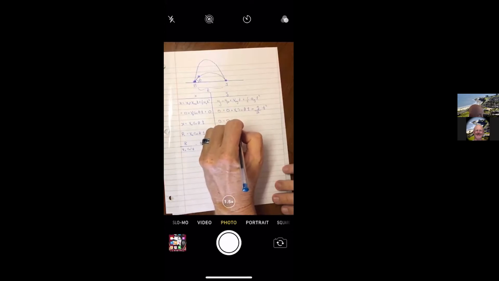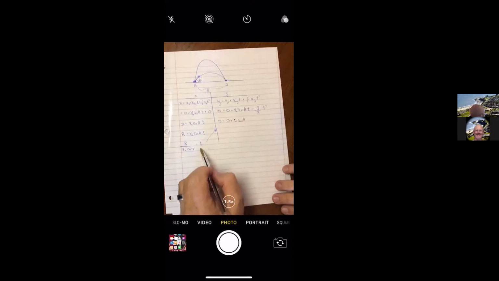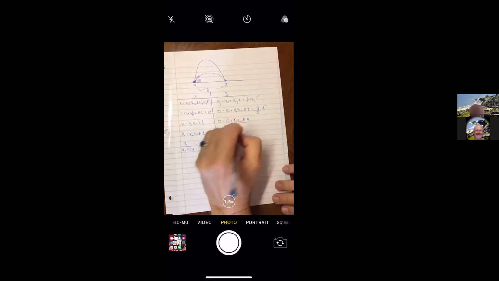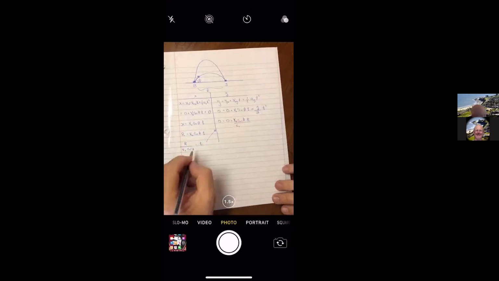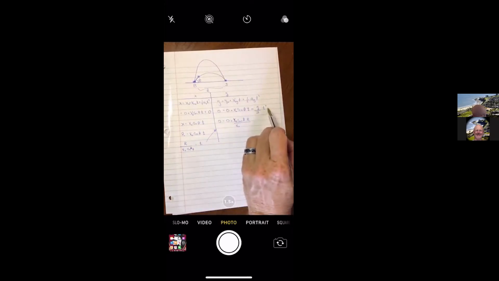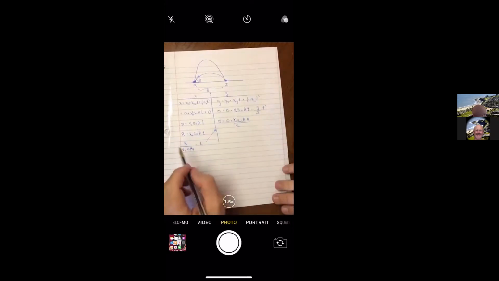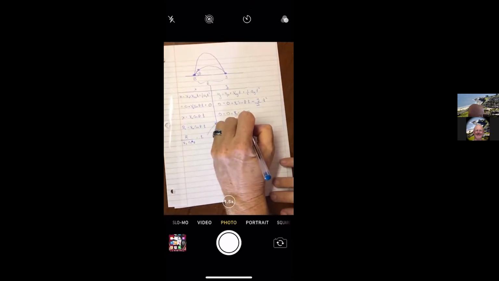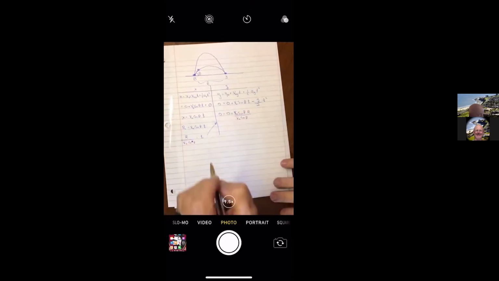So I'll put v naught sine theta, and in place of t, I'll put the range, r, over v naught. Oh, why did I put a square? I was thinking ahead. I'm going to square it eventually, but I didn't mean to do that quite yet. So this would be cosine theta.